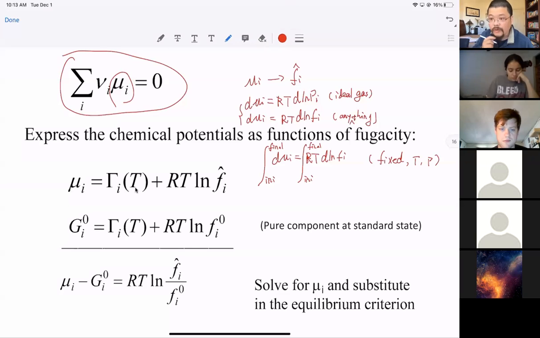So now we need to be wise in picking the initial condition, right? For the initial, the default choice is the standard state.